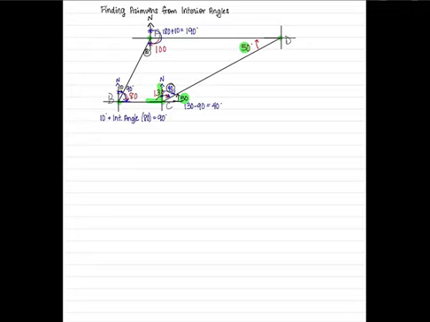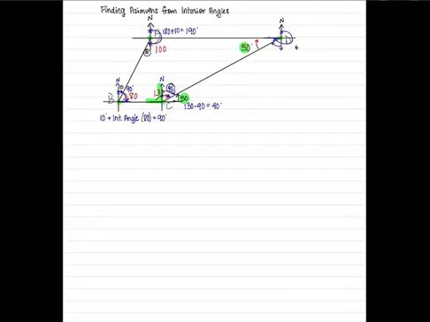Our next azimuth at point D is going to start here on this line. It's going to go all the way around to that line. So we're going to add 180 plus 90 degrees.